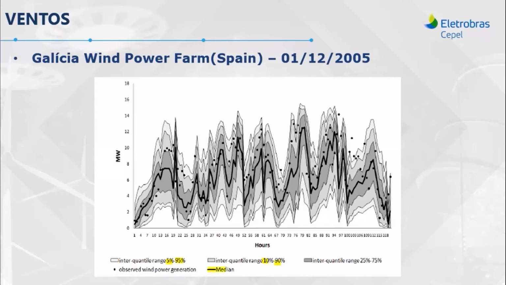The line here is the median, and the dots are the verified wind power generation. So as we saw before, the Ventus model is able to predict a single value, in this case the median, but also a probabilistic forecast, the interquartile ranges.